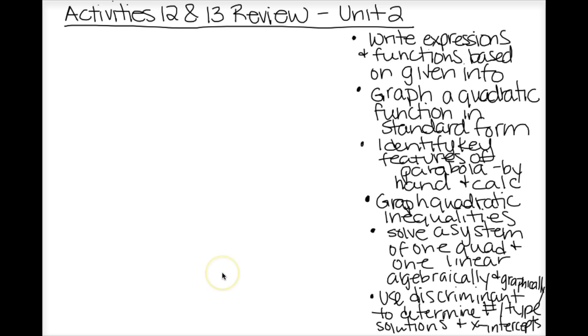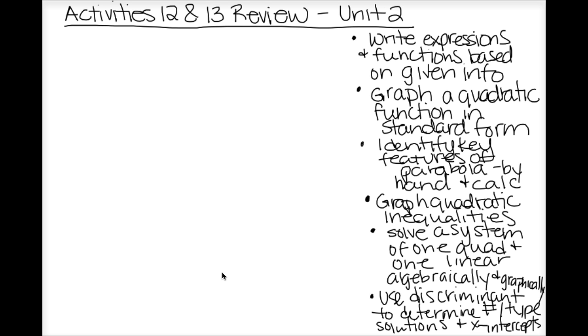So as we are looking at these problems, making sure that you can write expressions and functions based on the given info, that's what you're doing in the first couple of questions here. It gives you in number 1 a table that you're supposed to fill out based on the information they give you.